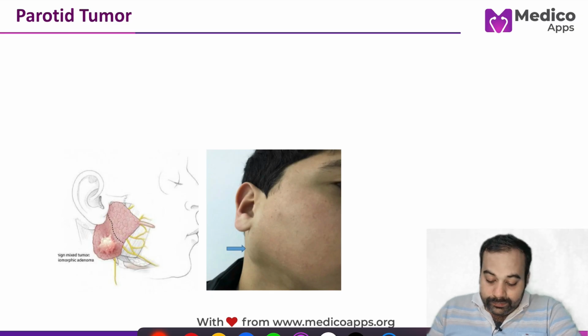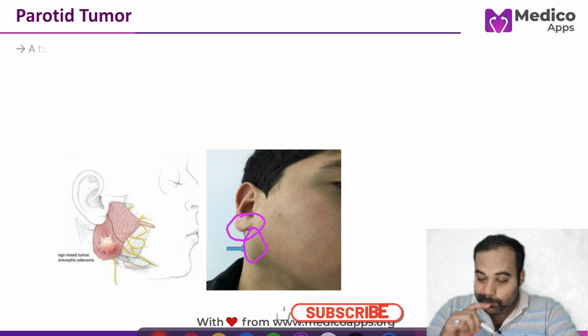Now let's see this image again. This is exactly the same location we are talking about. This is the parotid space, and there is a lifting up of the ear lobule as well.